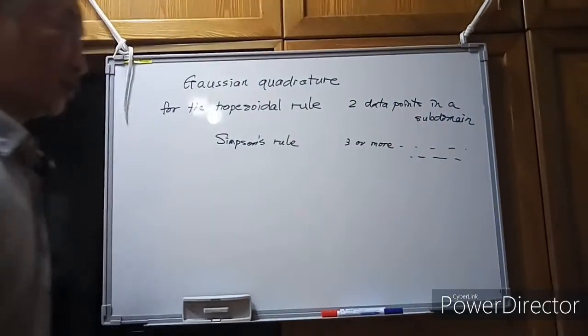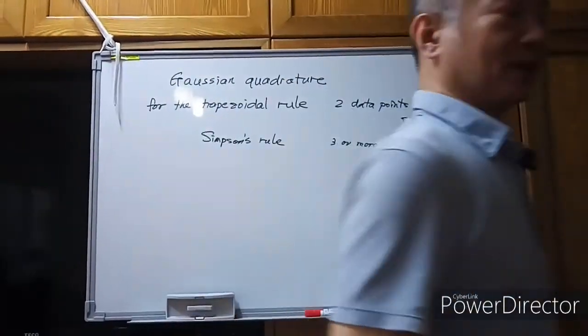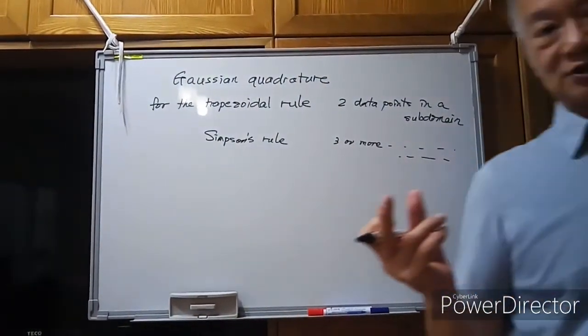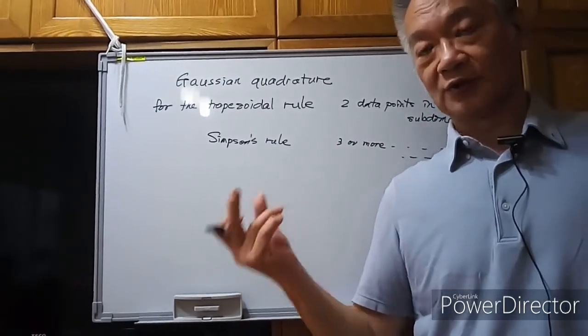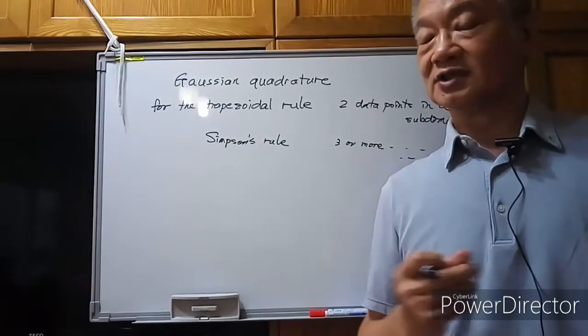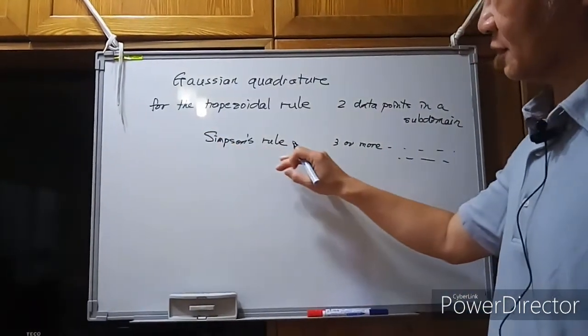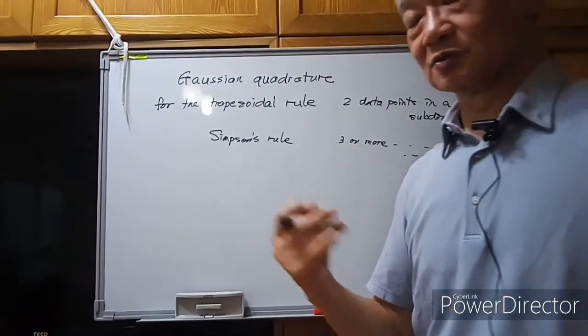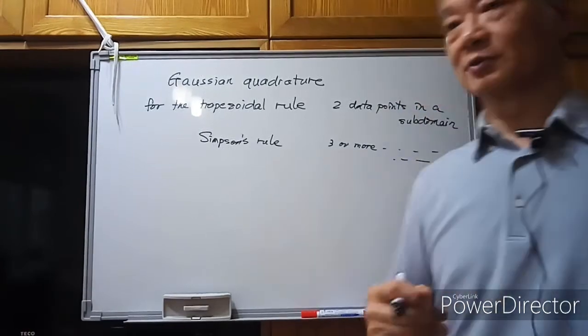For the trapezoidal rule, we use 2 data points for each subdomain, and the 2 data points always occupy the 2 endpoints of the subdomain. If we use Simpson's rule, then we need to use 3 or more data points in a subdomain.